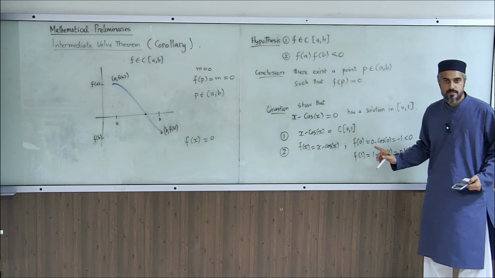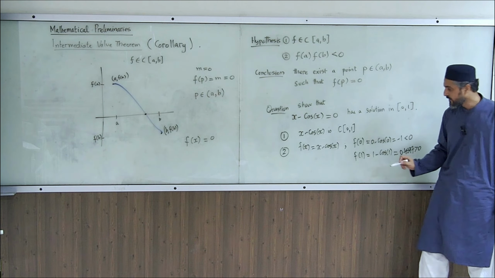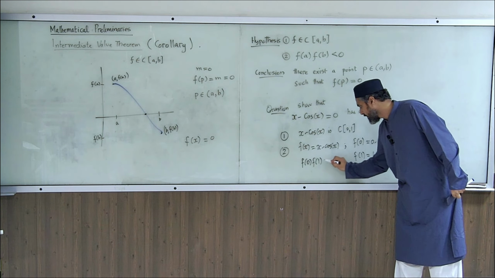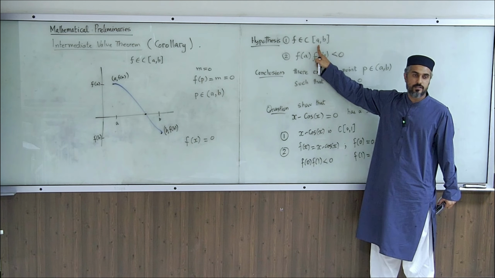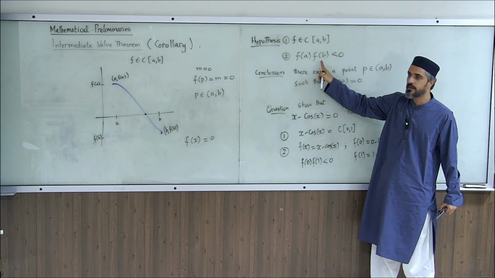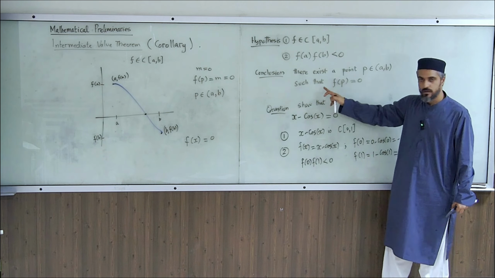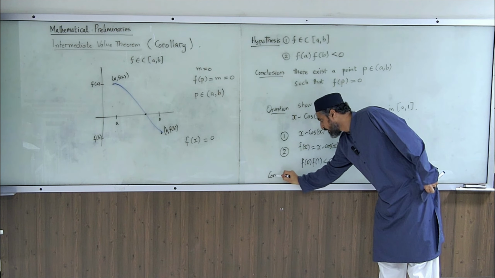In other words, at one endpoint the function is negative, at the other the function is positive. So what is the product? Is it positive or negative? It is negative. So if the function is continuous on some interval and the function values at the endpoints have alternating signs, then there is a point.